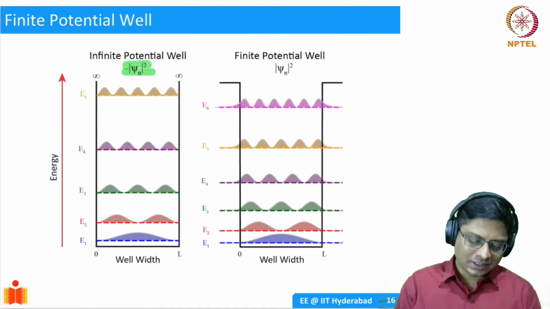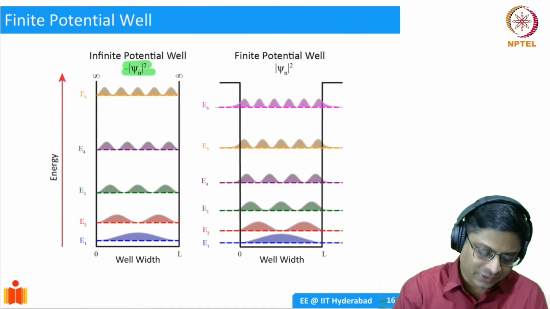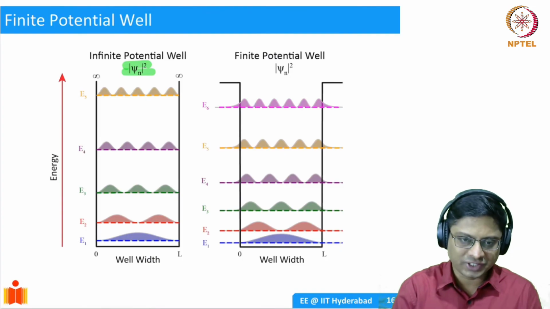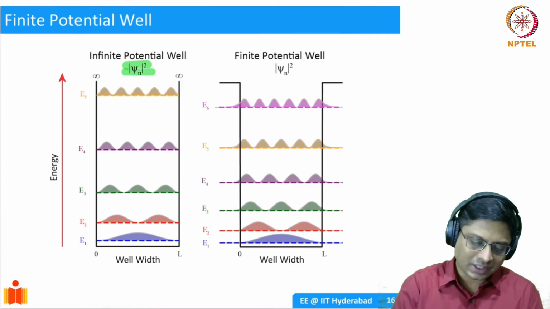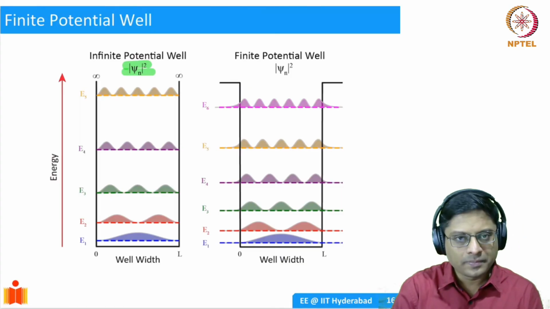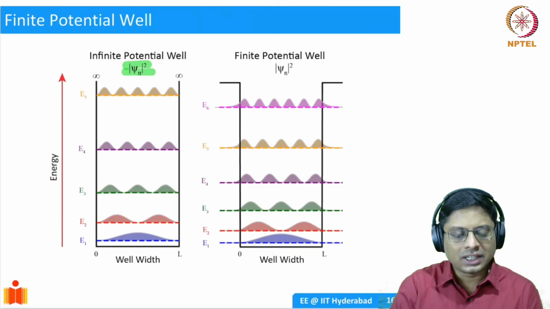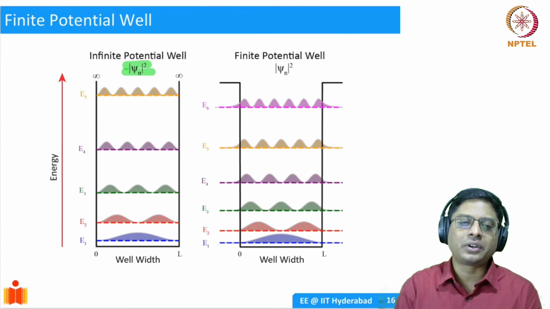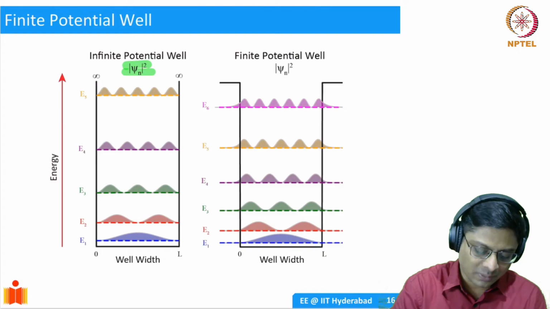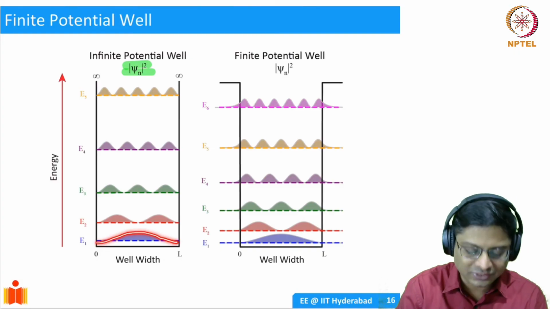For each n, n equal to 1, 2, 3, 4, and 5, we are showing the wave functions here. So what this is telling you is that if you confine an electron to a region 0 to L, the probability of finding an electron shows a half sine dependence like this.